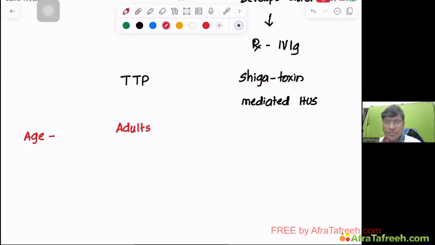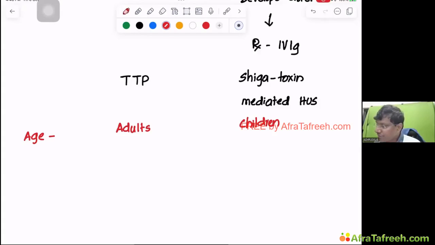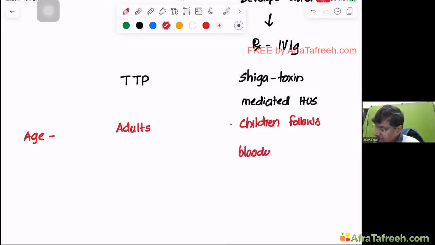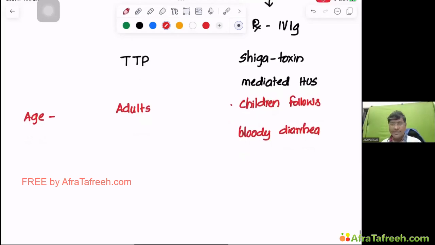Whereas Shiga toxin mediated hemolytic uremic syndrome is in children. And usually Shiga toxin mediated hemolytic uremic syndrome follows bloody diarrhea.